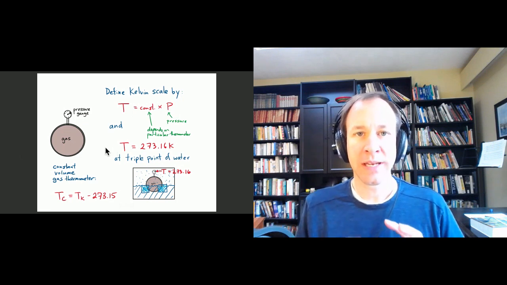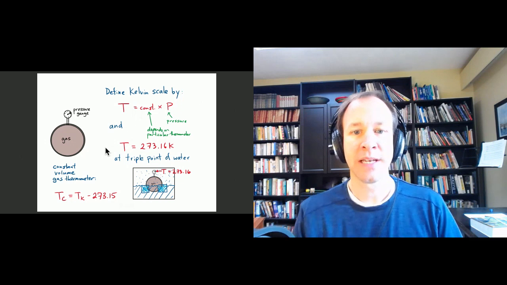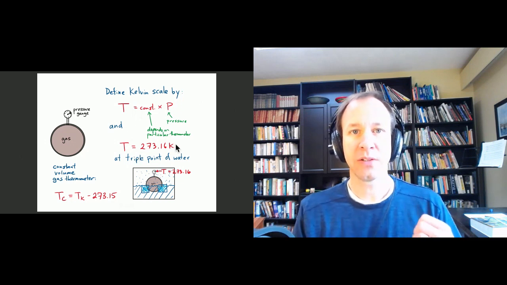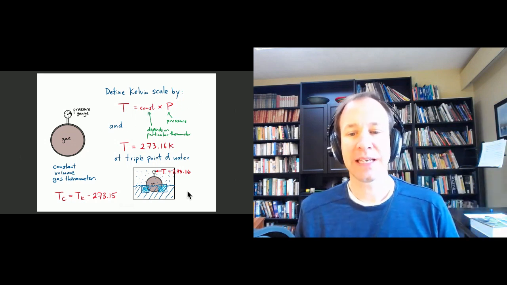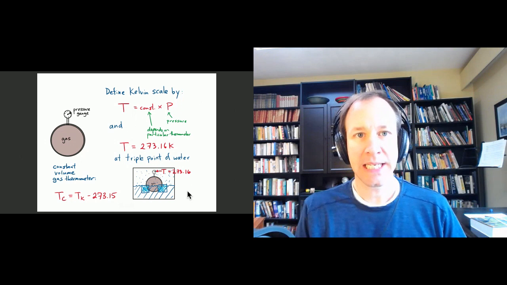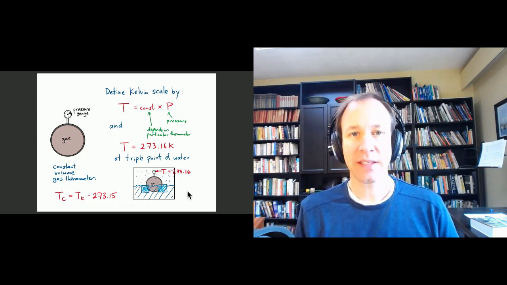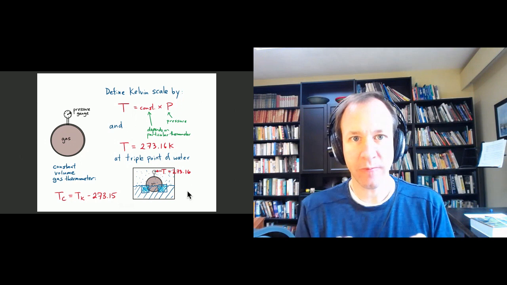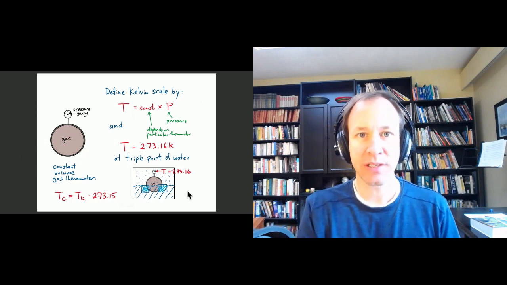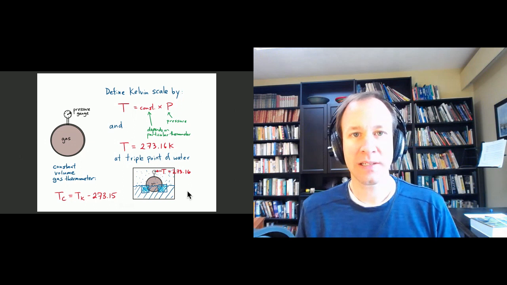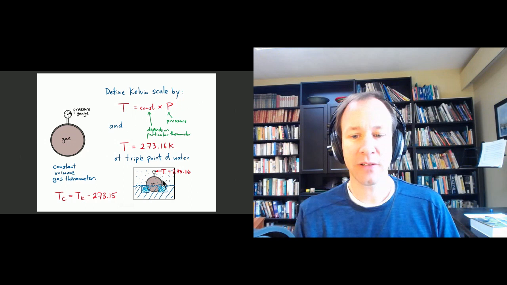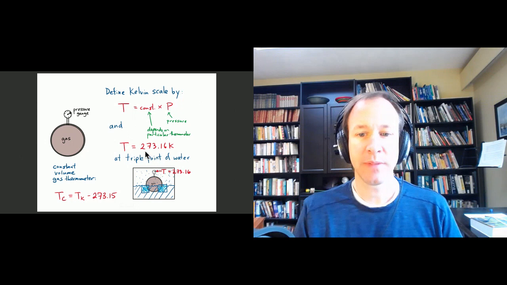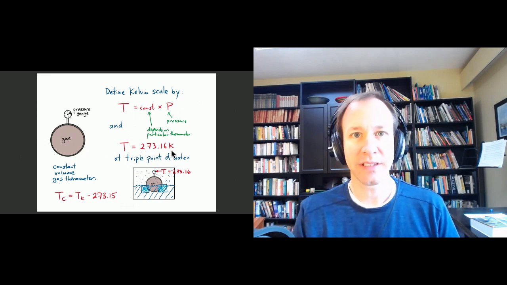In order to give a precise number to temperature, we're going to define this constant, or calibrate the thermometer, by saying that if you were to place that thermometer into water at the triple point, so there's this very specific temperature and pressure where ice, water, and steam can all coexist in equilibrium, then we define that temperature to be 273.16 Kelvin.